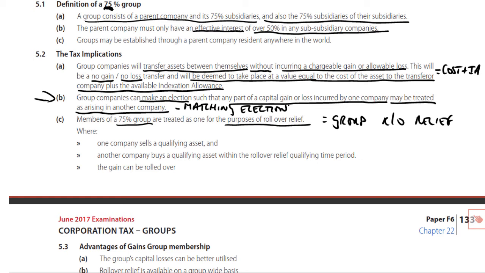We don't have to worry about planning for which companies should have gains or losses, because after the end of the accounting period, we can come along and make this matching election that will allow us to deem that any part of a gain or loss made by one company has in fact been made by any other gains group member.